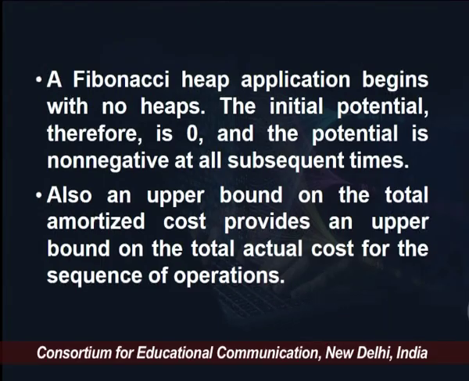This is a standard statement as far as amortized analysis is concerned: the upper bound on the total amortized cost provides an upper bound on the total actual cost for the sequence of operations.